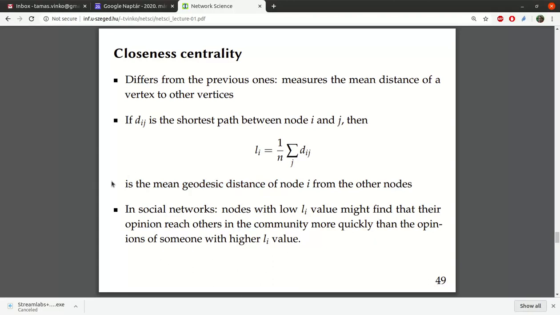And the motivation behind it is that in social networks, if we have a node with low mean geodesic distance, then, assuming that gossips or messages are spreading on shortest paths, which is obviously not necessarily true, those with a low average value might find that their opinion or gossip or message gets to the other people more quickly than those with a high average value.